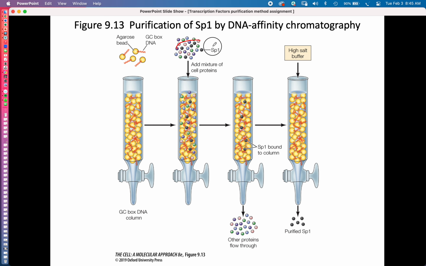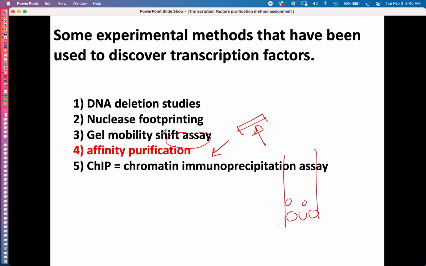And then we add the mixture of that nuclear extract. The tube has a little mesh at the bottom, so the beads can't go through, but the liquid can. And we start letting them through, and everybody goes through except that protein that we know binds that DNA from the gel mobility shift assay.